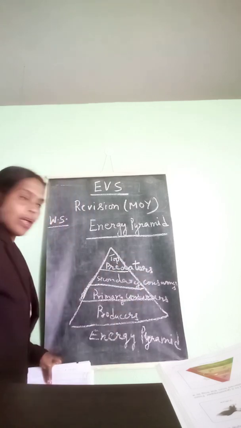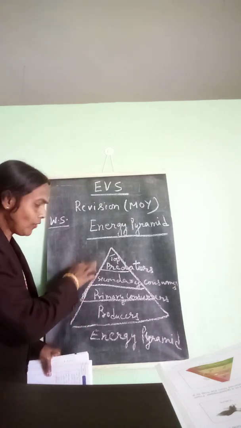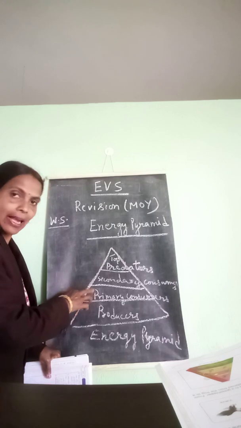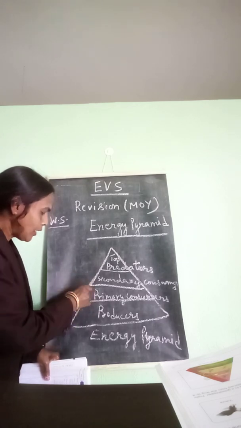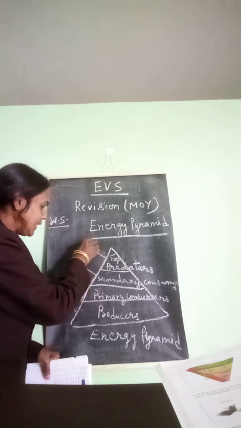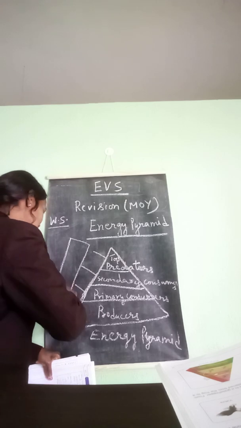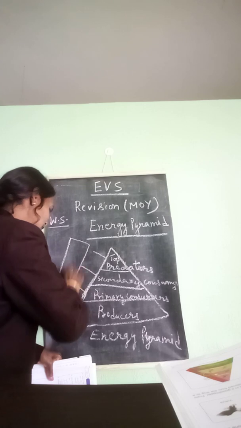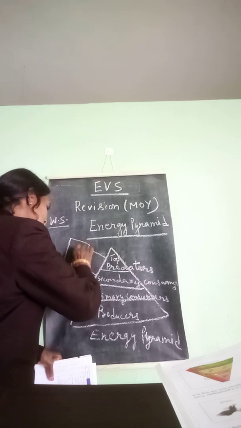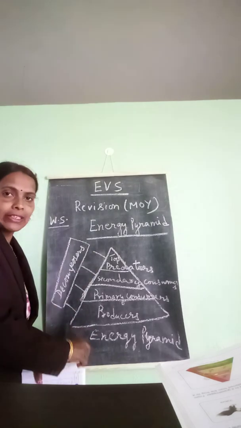So this is the energy pyramid, and decomposers work on all the levels of the energy pyramid. When these animals and plants die, they mix in the soil with the help of decomposers. Decomposers break down these animals and plants and mix them in the soil. So this is the diagram of energy pyramid.